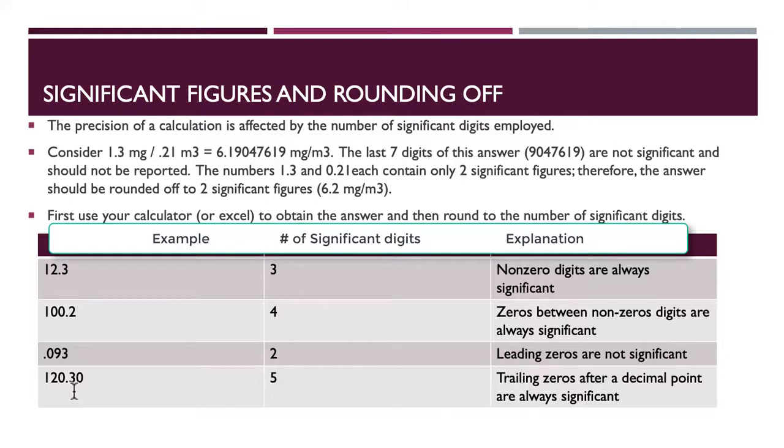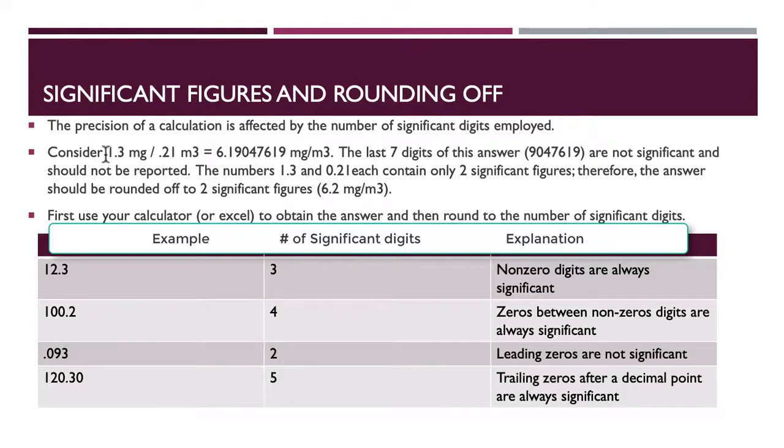So the basic rules are, first, do your calculations. For example, 1.3 divided by 0.21, and this would give us an answer of 6.1904761.